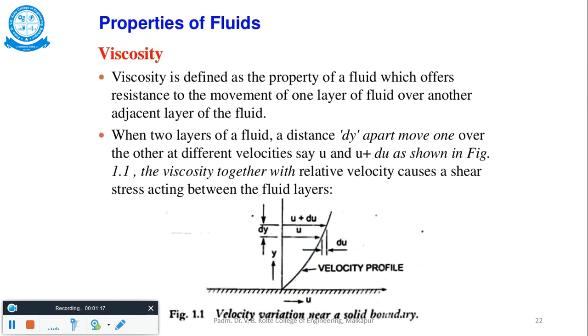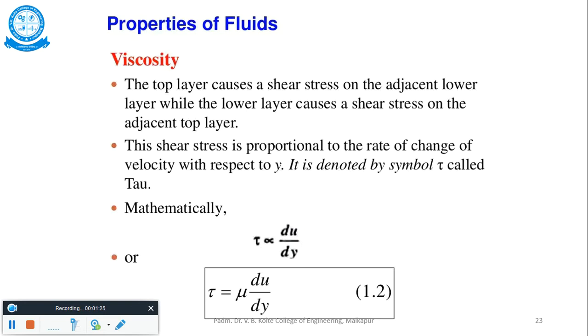The viscosity together with the relative velocity causes the shear stress acting between the fluid layers. The top layer causes shear stress on the adjacent lower layer, while the lower layer causes shear stress on the adjacent top layer. This shear stress is proportional to the rate of change of velocity with respect to y, and it is denoted by the symbol tau.